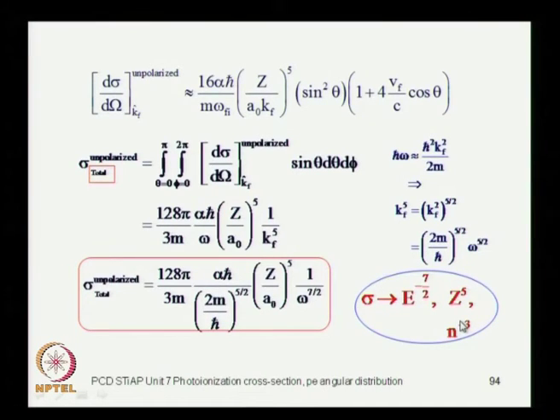That does not come explicitly for the hydrogen 1s, because n is equal to 1 in this case. So, this is a very important result: the total photoionization cross section for unpolarized light goes as E to the power minus 7 by 2, as Z to the power 5, and n to the power minus 3.